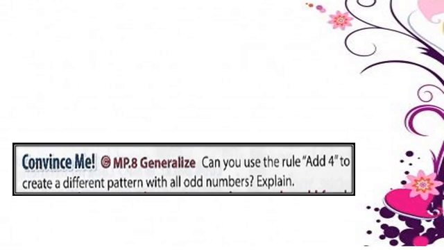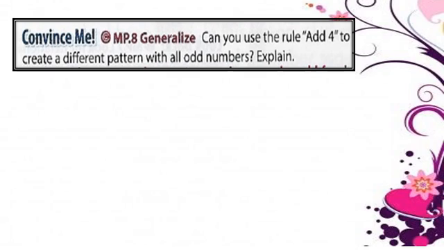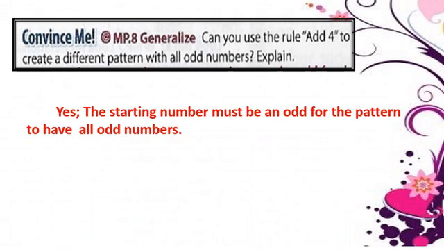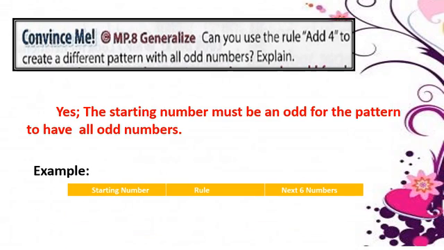Okay, convince me. Can you use the rule add 4 to create a different pattern with all odd numbers? Explain. The answer is yes. The starting number must be odd for the pattern to have all odd numbers. For example, you have this table: starting number, the rule, then the next 6 numbers.